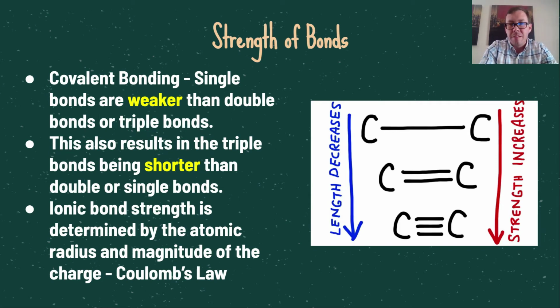Now, ionic bond strength is determined by two major properties, and again, goes back to what we've talked about previously. The atomic radius of the atom itself, as well as the magnitude of the charge, whether it's a +1, +2, +3 charge. And that goes back to Coulomb's law. So utilizing these factors, we can determine the strength of the bonds, as well as their relative length.